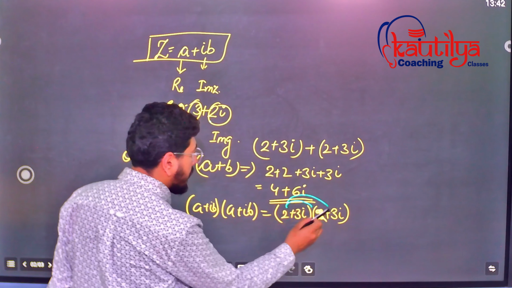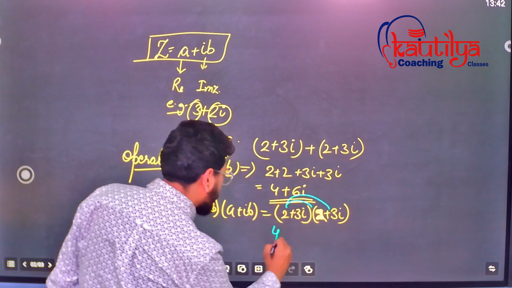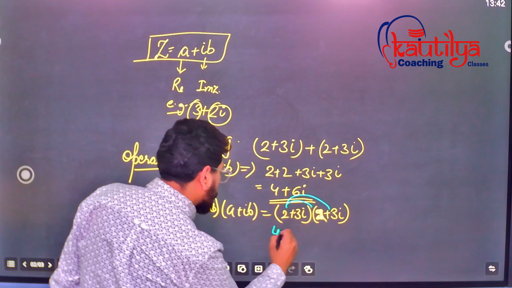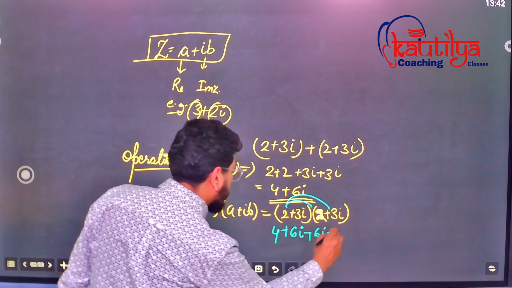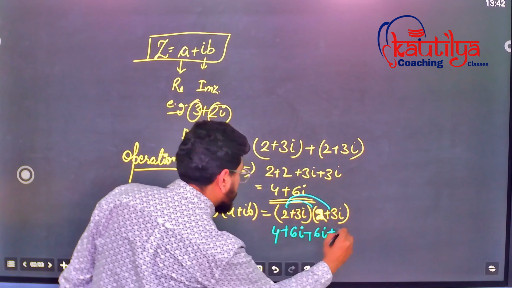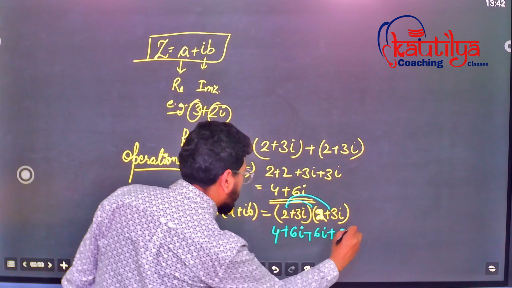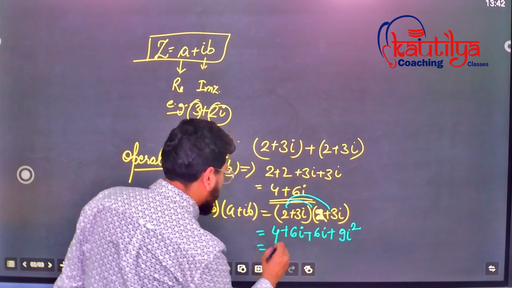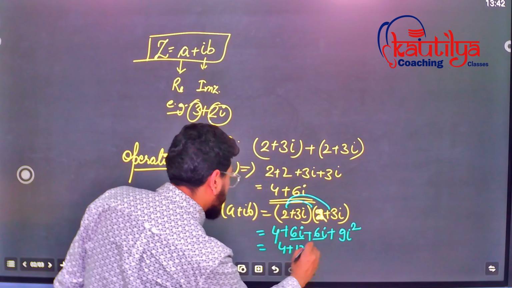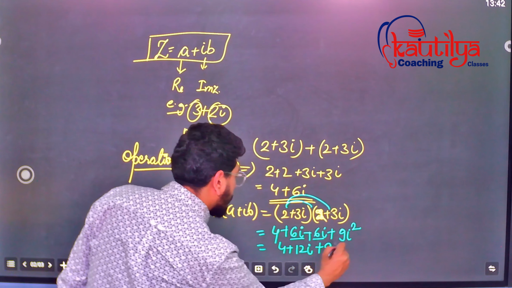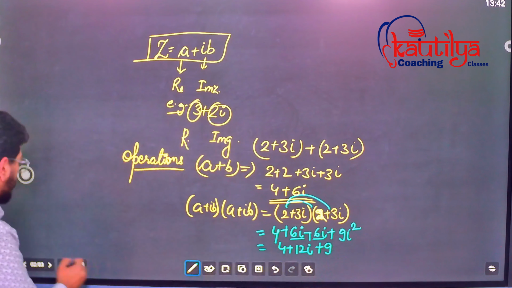Multiply: 2 times 2 is 4, 2 times 3 is 6 iota, plus 2 times 3 is 6 iota, plus 3 times 3 is 9 iota square. So 4 plus 12 iota plus 9 iota square. We know the iota square value, right?